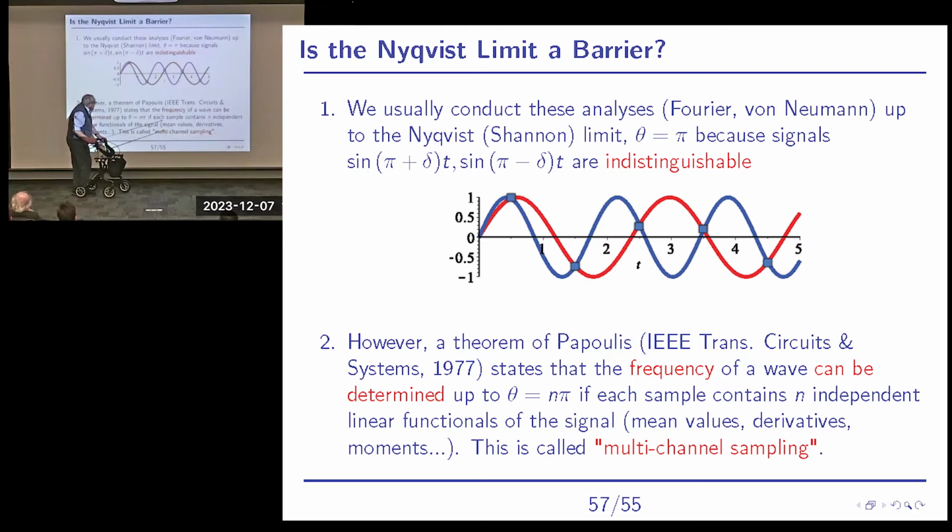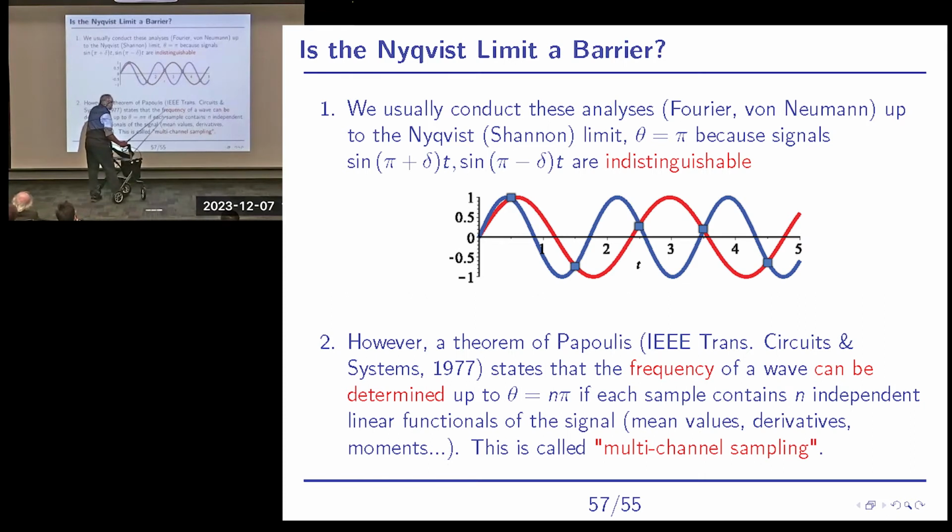On the other hand, if you look in some areas of signal processing theory, which I'm not very familiar with, there's something called Papoulis's theorem that says you can distinguish between signals up to a frequency of n times pi if at each sample you do not simply take a single measurement. You take n different measurements, you have more information. If you knew the derivatives, you could easily tell these signals apart.